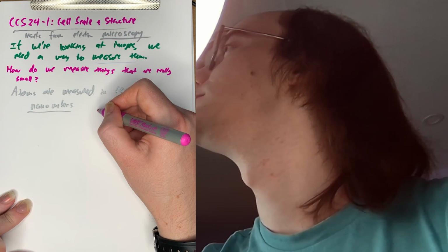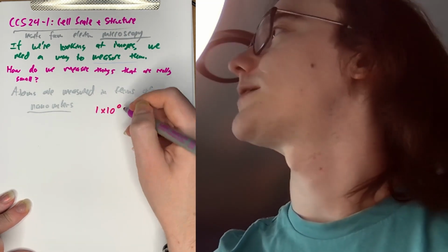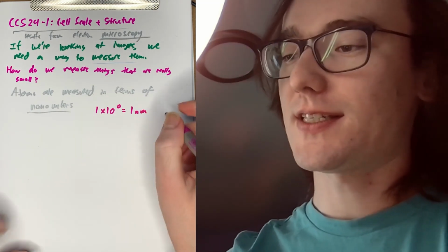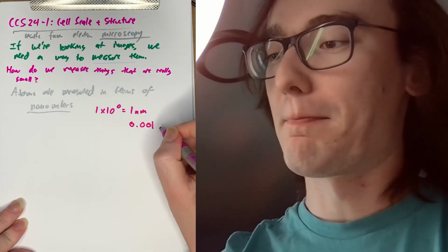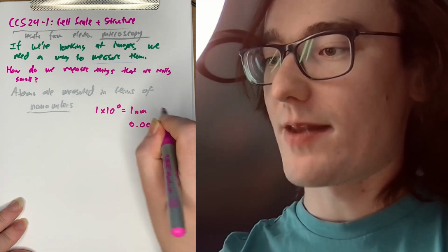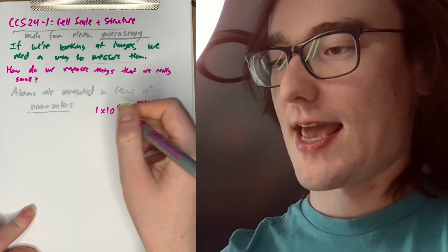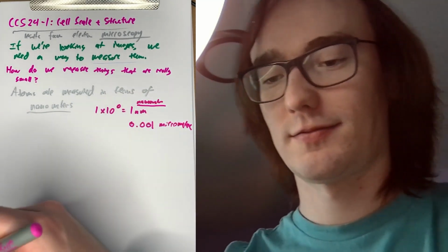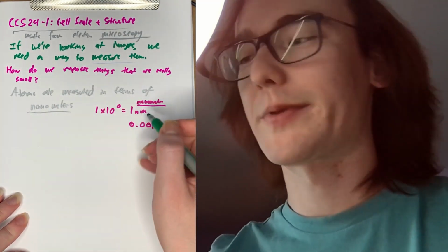Size of the atom. 1 times 10 to the 0 equals 1 nanometer. This is also 0.001 micrometers. And one of your questions might be, how small is a nanometer in relation to an actual meter? Stay tuned. Maybe I'll tell you, maybe I won't.